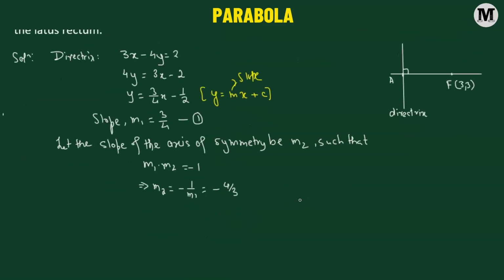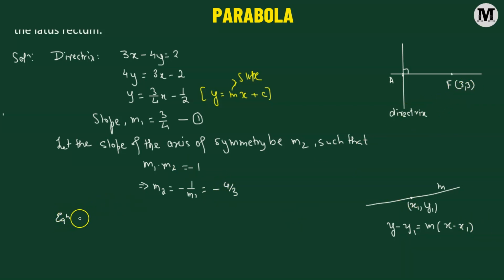Now that we have its slope, we can easily find the equation of the axis. We can use the point-slope form, which states that if a straight line passes through a point with coordinates (x1, y1) and the slope of that line is given, then the equation of the line is y minus y1 equals the slope multiplied by x minus x1. Here we have the slope, -4/3, and the point, which is the focus, (3, 3).